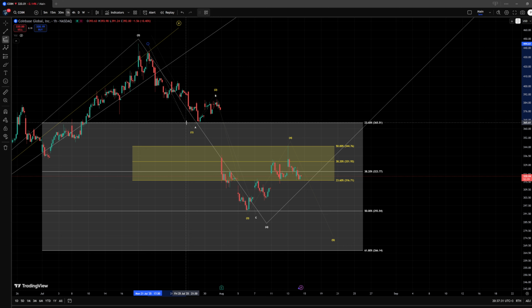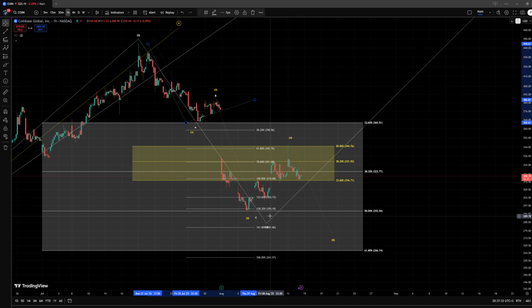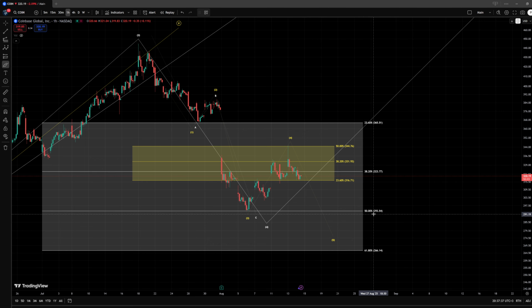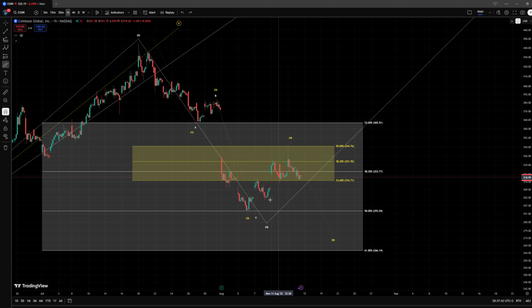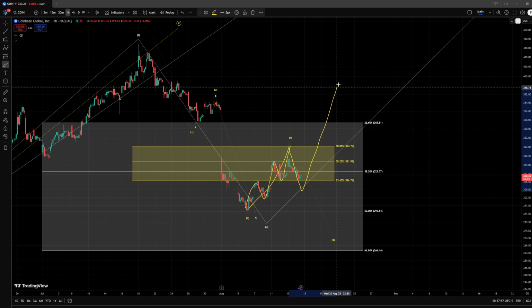I did check it previously, but you can see it did reach it, and we did reach the 50% retracement here as well. But this doesn't stop us from going lower in the fifth wave in yellow, and these levels that rejected the price, even though we pushed higher afterwards, don't prevent the price from forming a wave 2 here and then pushing directly higher.